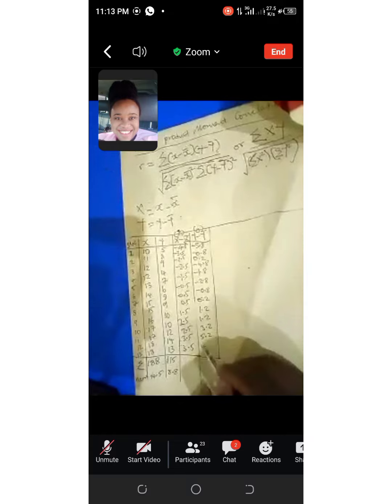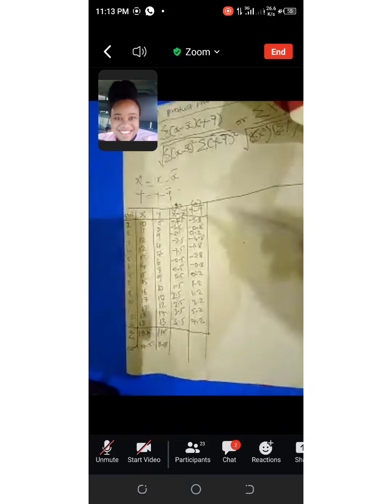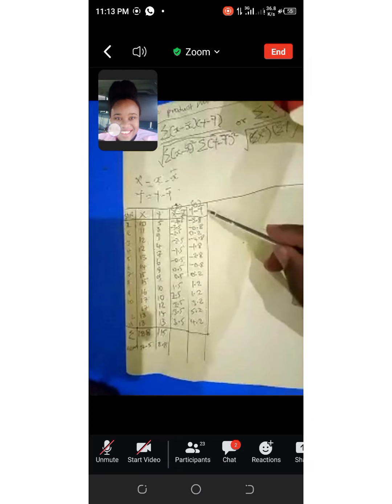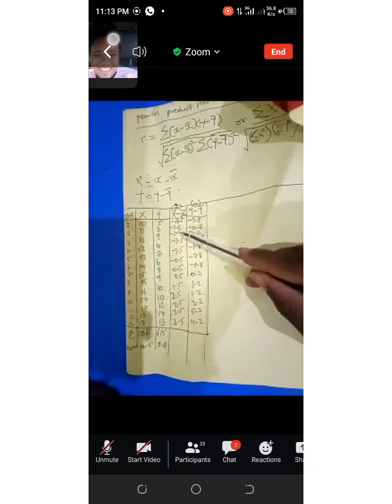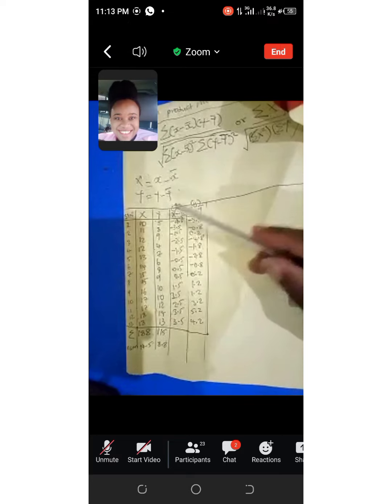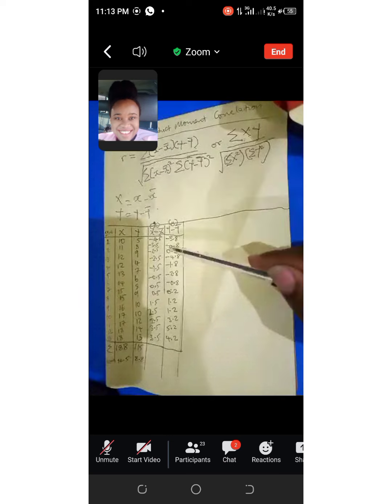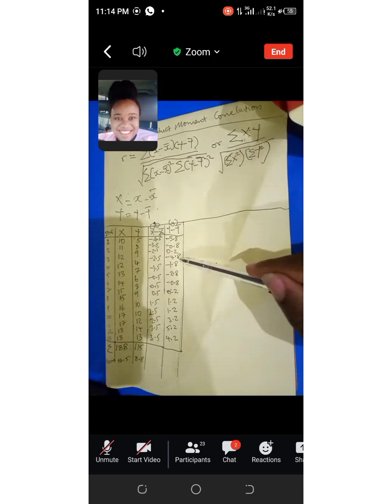So this is our x minus x bar, y minus y bar. So I've gotten this. But remember, the essence of the table is to make your calculation easier. Inside this, we have gotten this value.